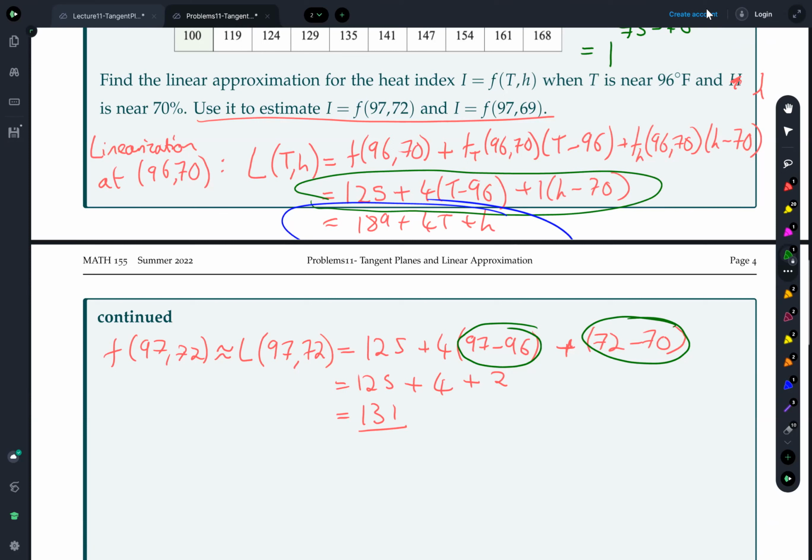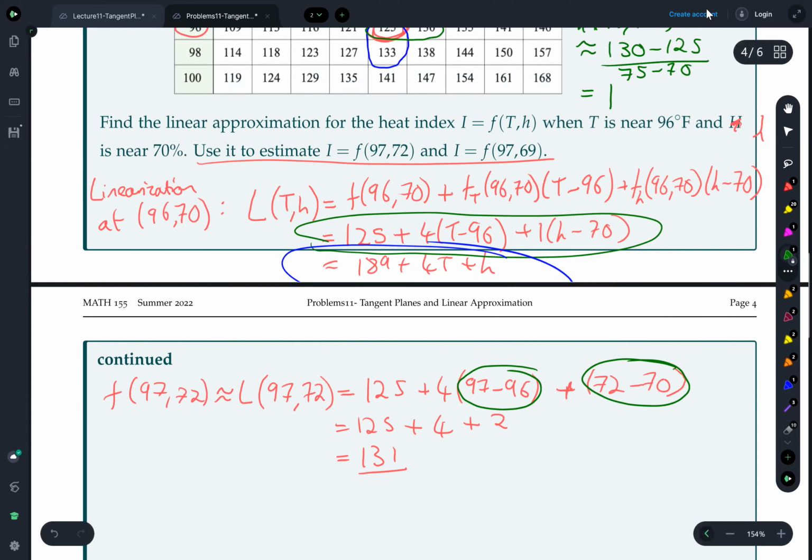rather than here, if we had 189, then we need to work out 4 times whatever the temperature was. So if you're doing this in your head, you'd be working out 4 times by, let's see, you'd have 4 times by t was 97, and so on. So is this right? This 189, that doesn't look right to me now. This, I think, is wrong, actually.